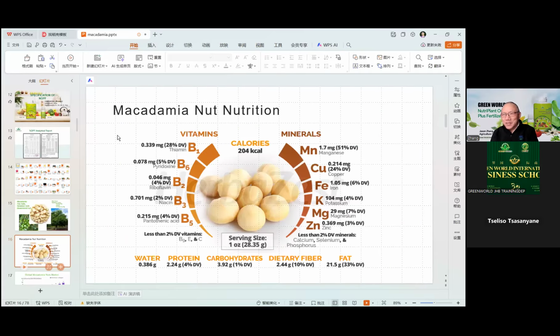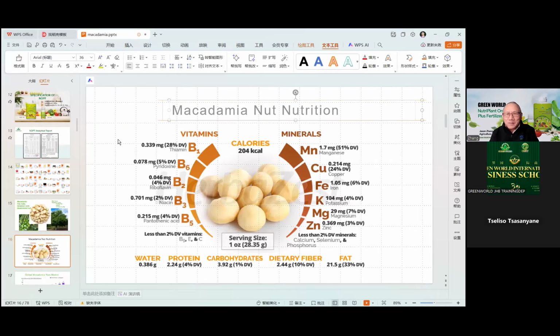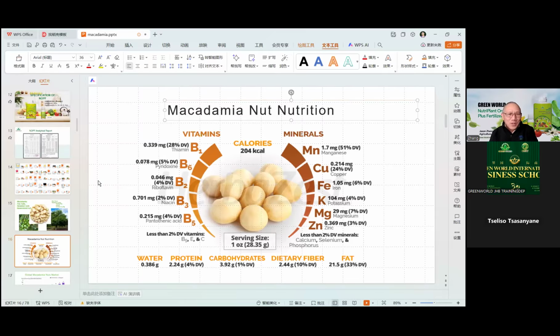I don't eat other snacks. I basically eat all kinds of nuts. So it's good for you. You see how many elements you have. You basically have all kinds of vitamins and minerals. You get enough for your need.